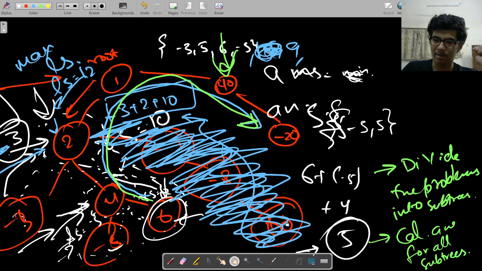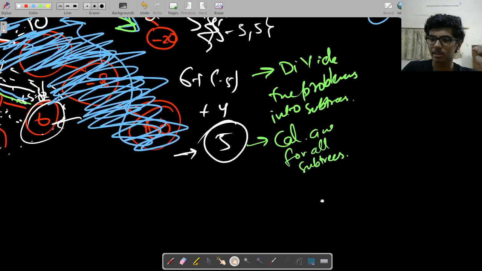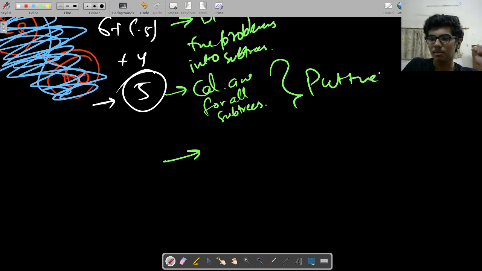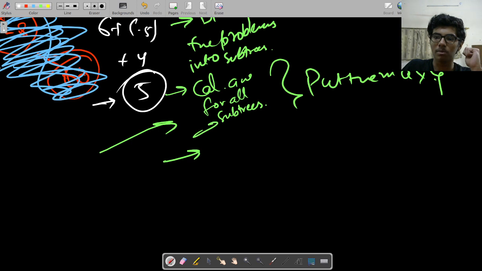When I calculate the answer, I put the maximum at every point when I am calculating the answer. After this subtree problem is done, I will go to its parent. If it is a left subtree, find the maximum for the left subtree.